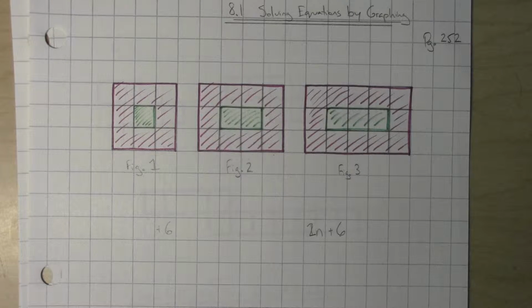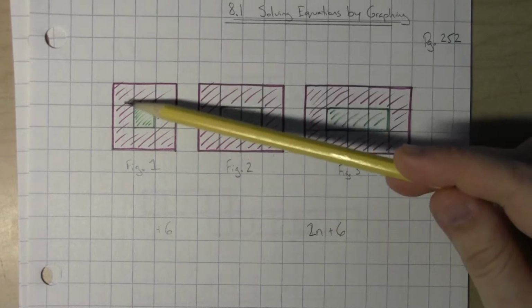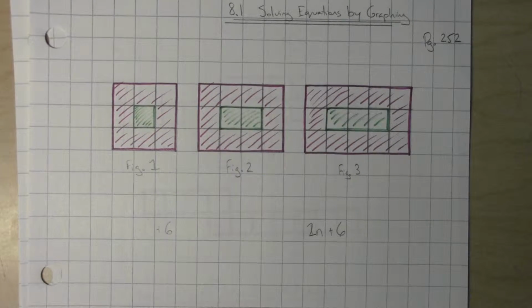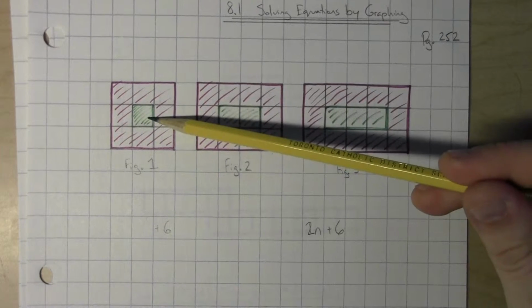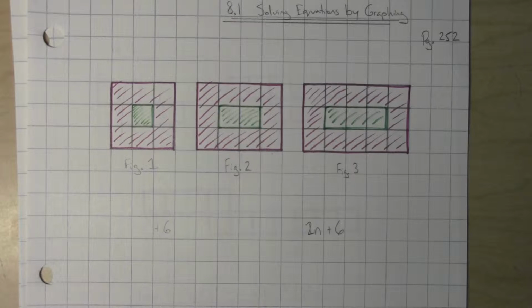What's your n? 3. Sure, it's the term, but what is it given the example? The example is talking to you about the green inside the purple border tiles. So the n is the number of green squares. What's the 2?